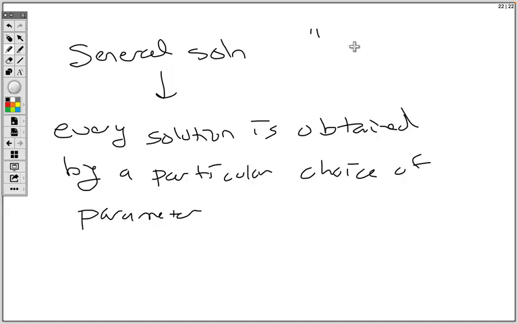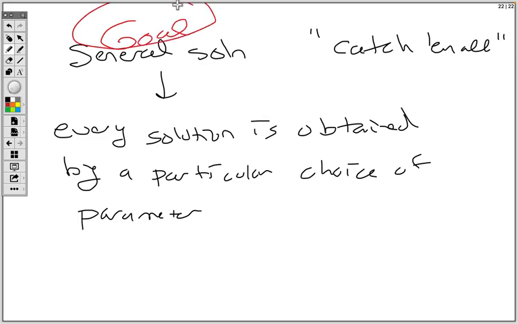In a general solution, it's like Pokemon. You caught them all. The general solution contains all the other solutions. And this is going to be our goal here in differential equations, to find the general solution.